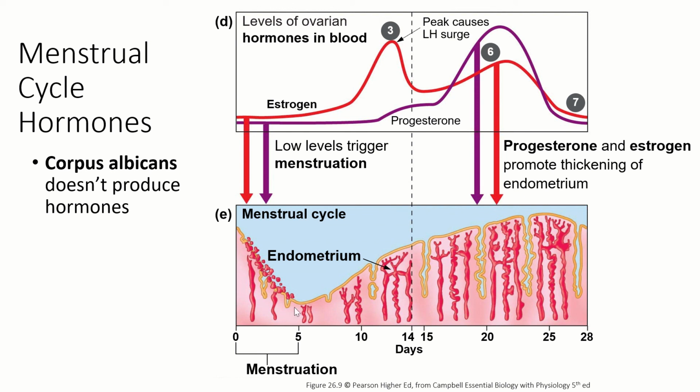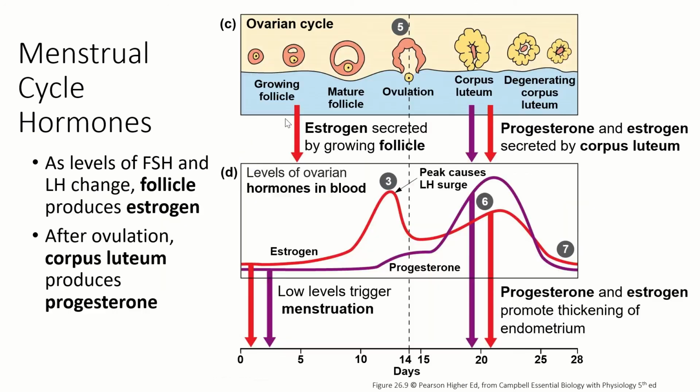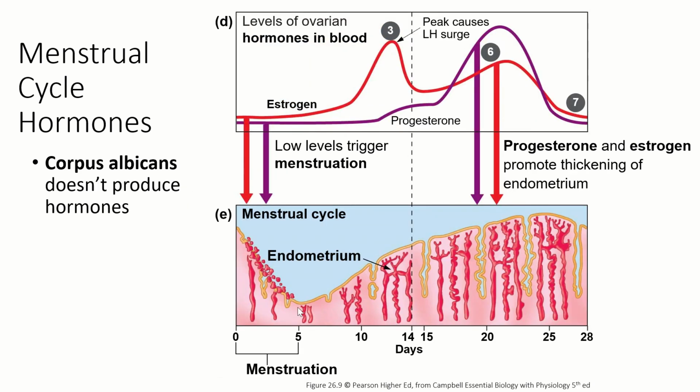That's the shedding of this active layer of the endometrium. Then as luteinizing hormone and follicle stimulating hormone are released by the pituitary, the follicle starts producing estrogen. That estrogen spurs the thickening of the endometrial layer.